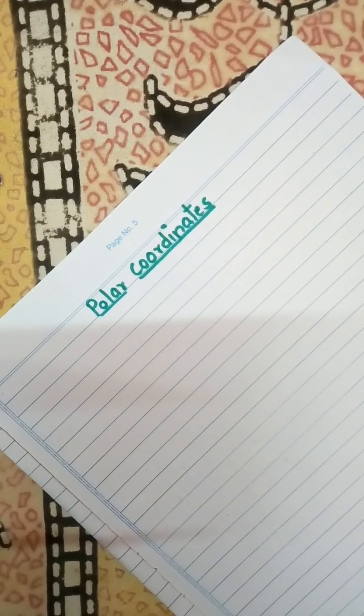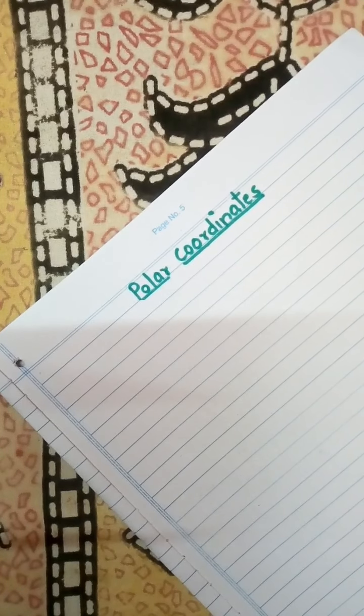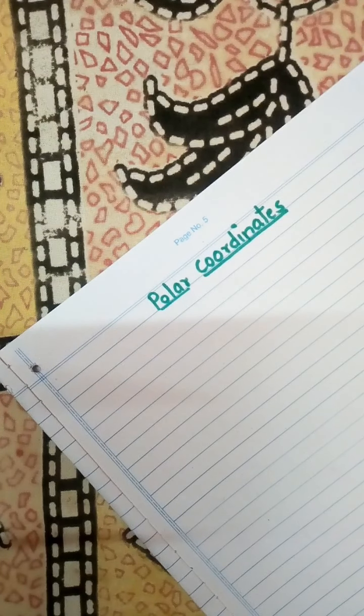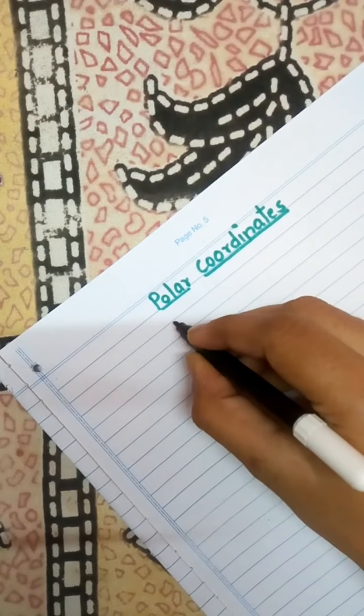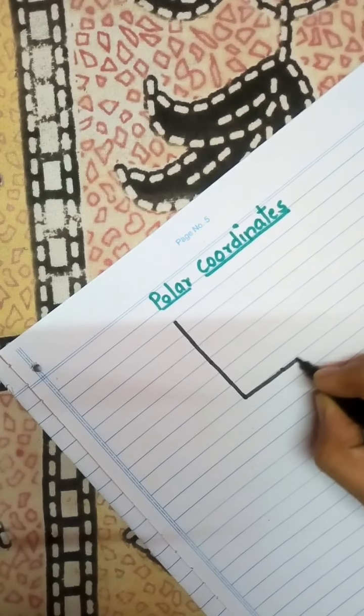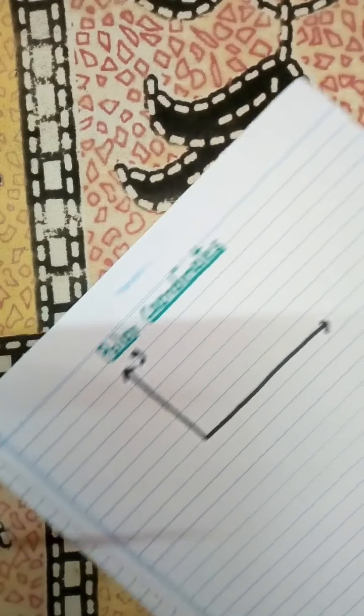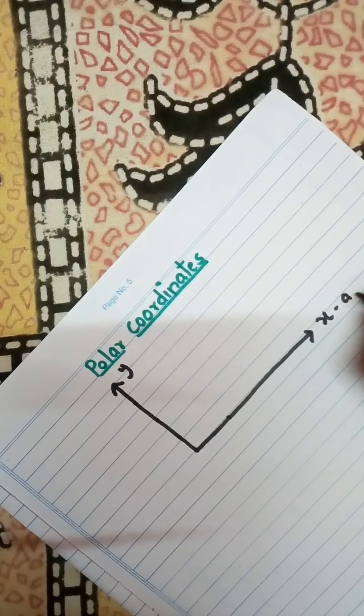Now before going to polar coordinates, let us see what happens in the coordinate system. In the coordinate system we locate a point P by finding its distance from the two perpendicular axes, that is the x-axis and y-axis. So this is the y-axis and this is the x-axis.